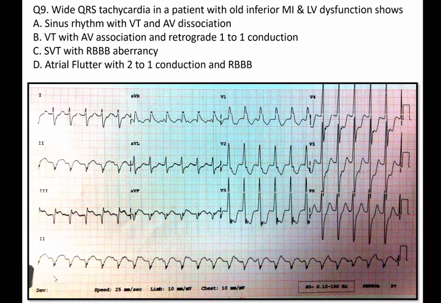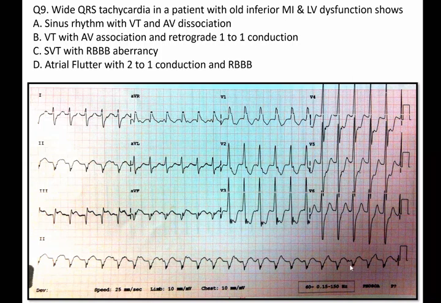And the title of the topic today, if you look at the rhythm strip, you find that in between these wide QRS beats there are certain deflections occurring at an independent rate, which are positive. So these are positive P waves occurring at a much slower rate, indicating AV dissociation. So the number of P waves is less than QRS complexes.